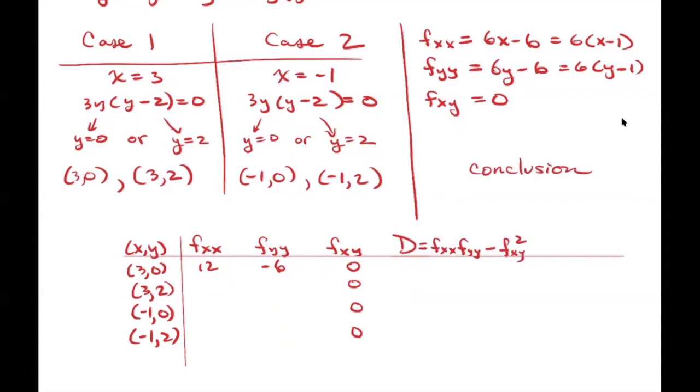I'll squeeze the conclusion in really small. So fxx times fyy, that'll be 12 times negative 6 minus 0. So I think that's negative 72. And when d is negative, remember the second partials test? That's a saddle.